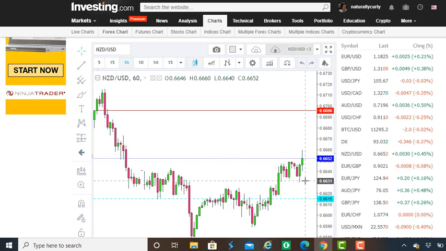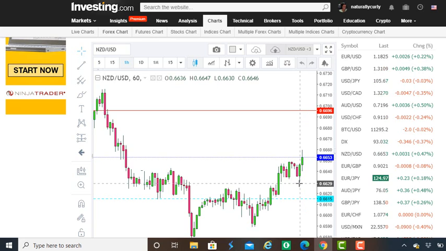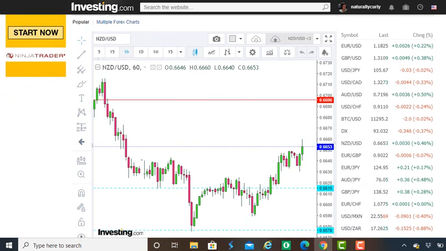Again, I'm in at 0.6607. And like I told you guys, there was a range that it was trading in. Let me see if we're able to see that on this 1 hour. Yep.